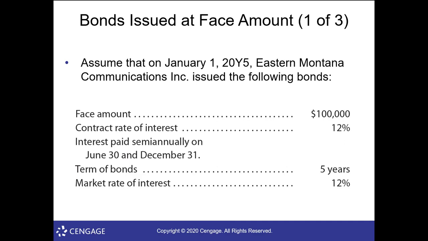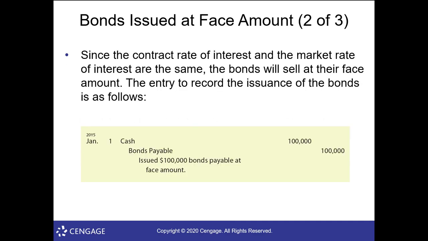we've got $100,000 worth of bonds issued on January 1, 2015. Interest is paid semi-annually, and the bonds mature in 5 years. On that same date, January 1, the market rate was equal to the face rate of 12%. So that's just going to be a debit to cash. It's going to sell at $100,000, the exact face amount, and a credit to bonds payable, the liability.